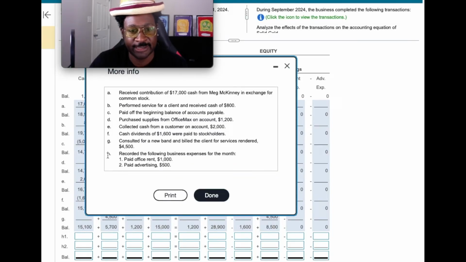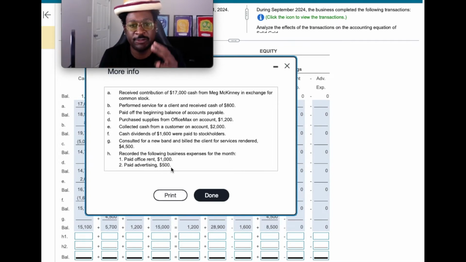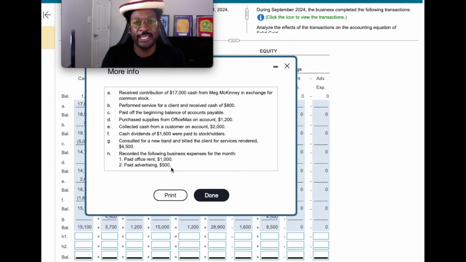Last but not least, recorded the following business expenses for the month: paid rent, paid advertising. Here's the deal. We have two separate individual expenses that were incurred for the month. Remember, gang, expenses affect income because income is measured by revenues minus expenses. Since expenses affect income, it does also affect retained earnings, which happens to be a part of stockholders' equity.